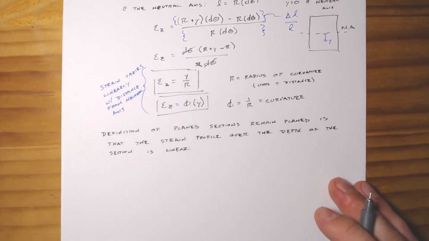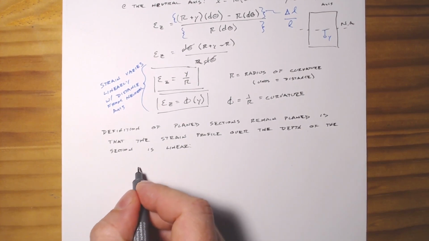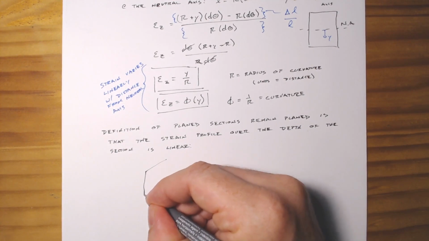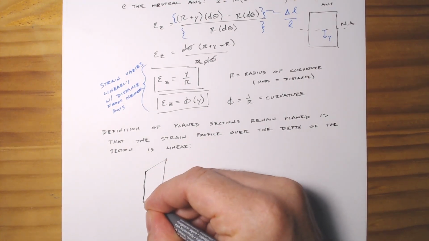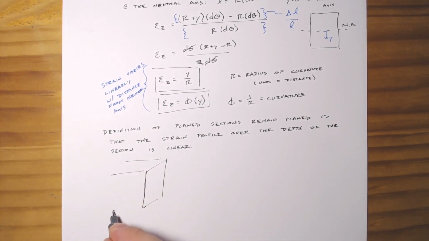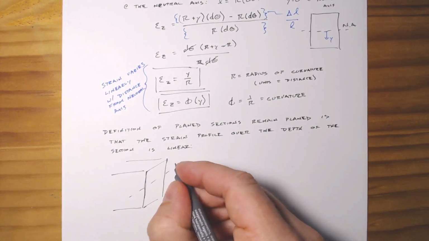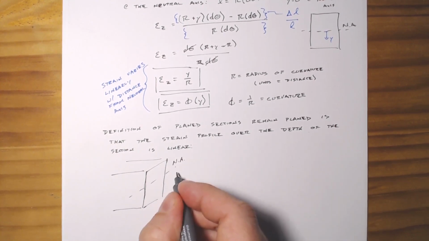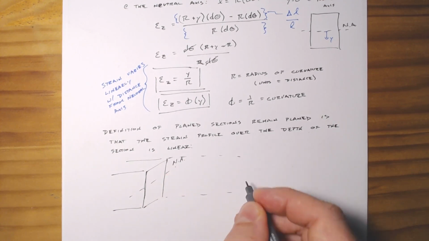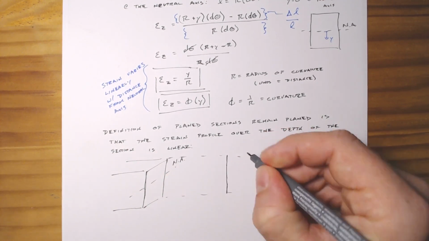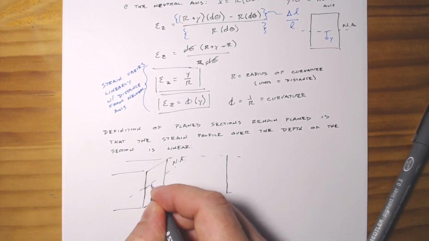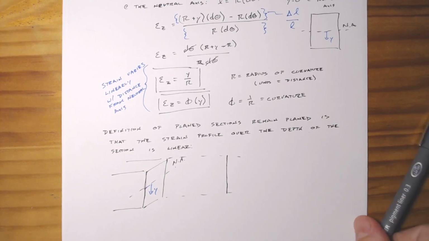Say that we have our cross section here, and we've got some neutral axis. Now, if we're to draw what the strain profile is, coming across here, well, this is our cross section. So we've got our distance y down the middle.